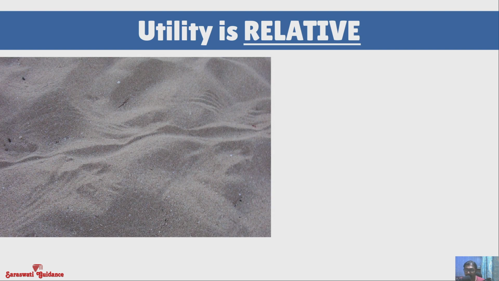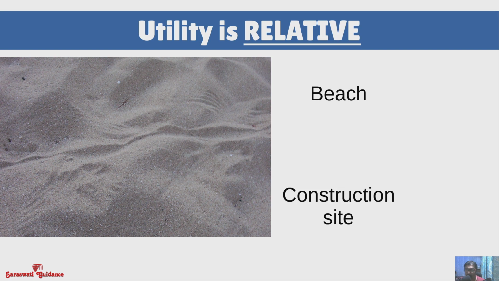This is another example of relativity of utility. We can see on our screen a picture of sand. It's common sand. You can see this sand lying on the beaches, seashores and all that. The question is where the sand will be more useful, on the beach or on a construction site. On the beach, the sand is just going to lay idle without much use.